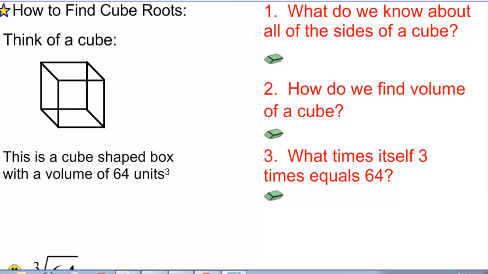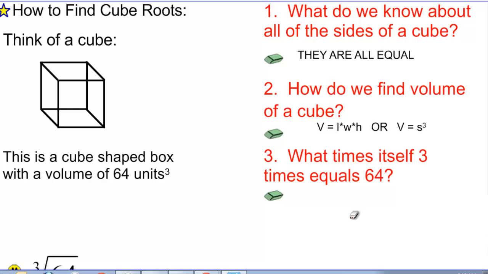So think about what makes this a cube. We know that they are all equal. And how do we find the volume of a cube? In order to find the volume of a cube, you do length times width times height, or in this case, you can think of volume as being one of the side lengths taken to the third power, because length, width, and height are all equal on a cube, just like we said up here.